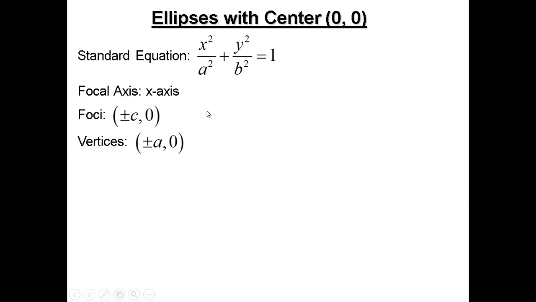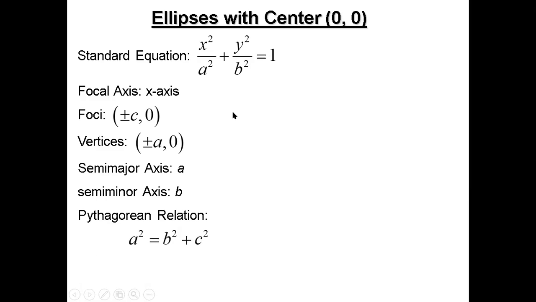The vertices are positive negative a, 0. The semi-major axis is still a, and the semi-minor axis is b. For the Pythagorean relation, we still use a squared equals b squared plus c squared.